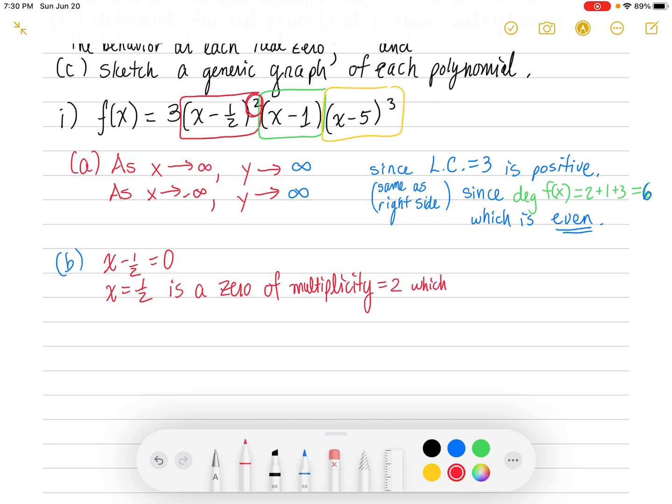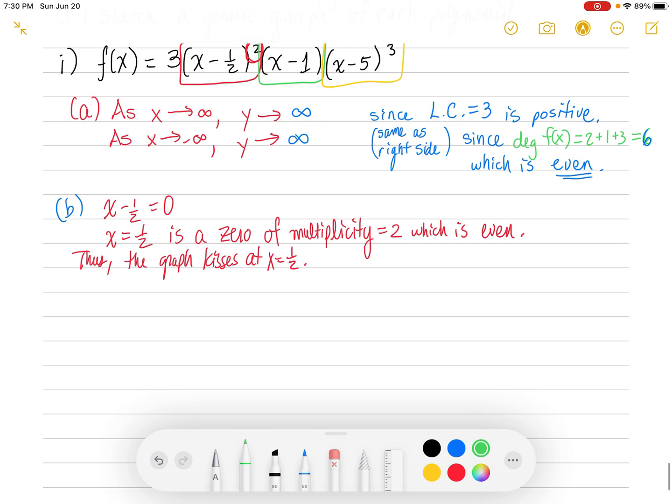It has a multiplicity of 2, which is even. 2 is an even number. So that means the graph is going to kiss at x equals 1/2. Thus, the graph kisses at 1/2.